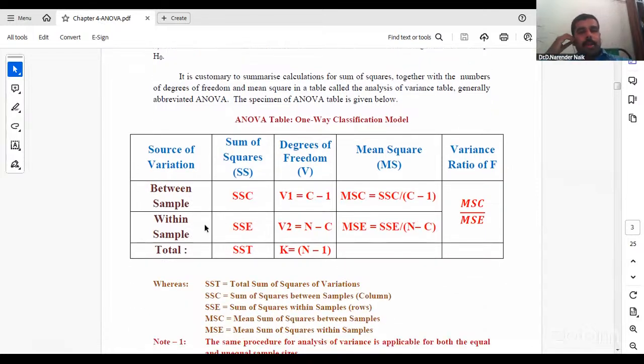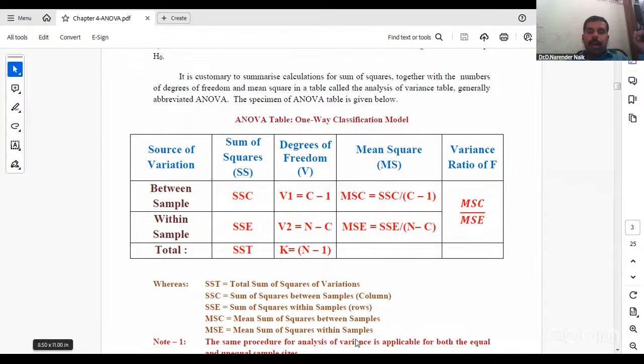It is customary to summarize calculations for sum of squares together with the number of degrees of freedom and mean squares in a table called the analysis of variance table, generally abbreviated ANOVA. The specimen of the ANOVA table is given below. See the specimen carefully. This specimen is important.